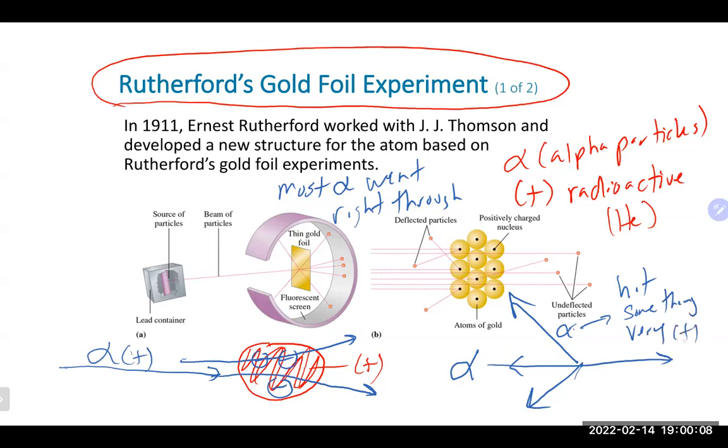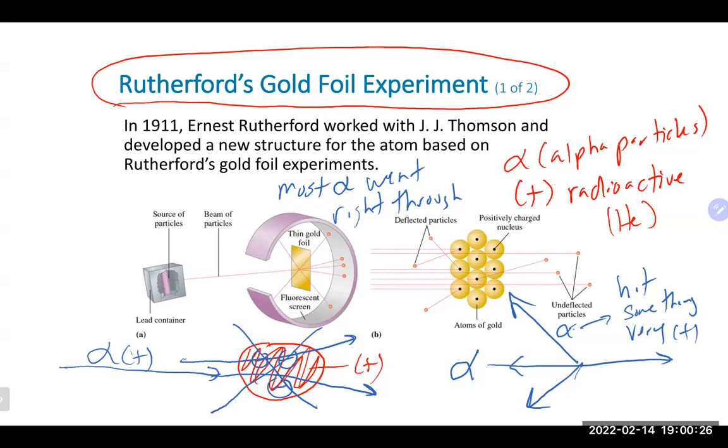So what that essentially meant was, when they thought about the plum pudding model of the atom, they had to rethink it and go, not so correct. We have to throw out that model based on the results of what we just saw.